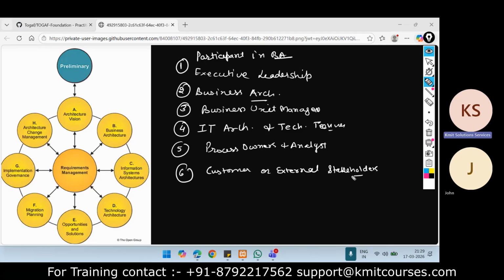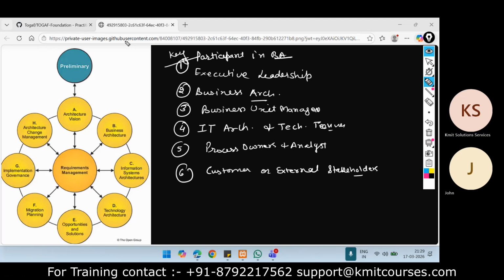For example, some third-party stakeholders, your client, your client's client, or the end-user groups. They are getting impacted by this process change, and you need to know how they are getting impacted. They provide the requirements and their feedback, and it will be helpful for your business strategies and services. So these are the key participants in the business architecture.